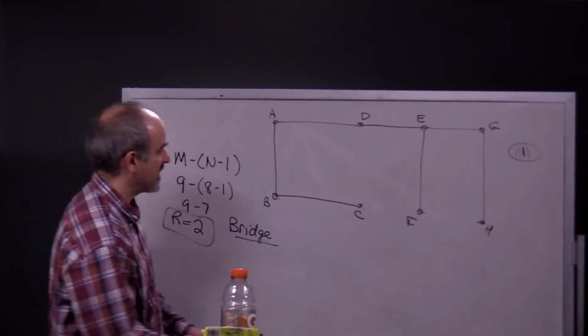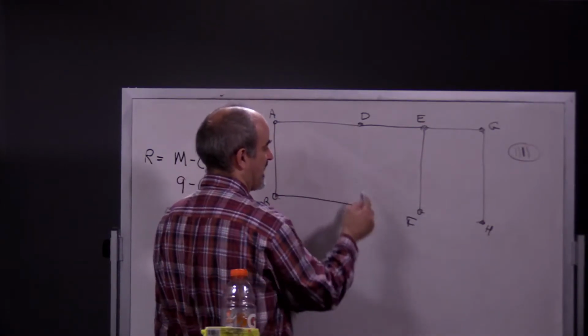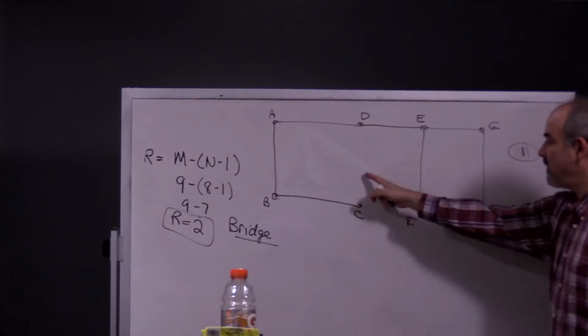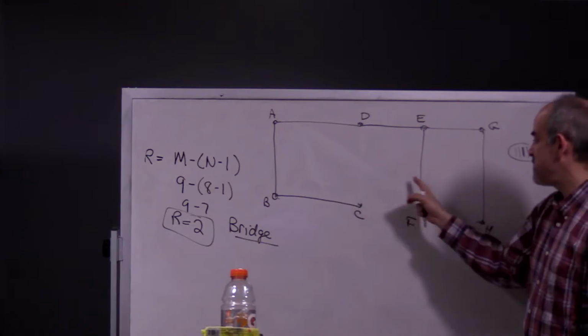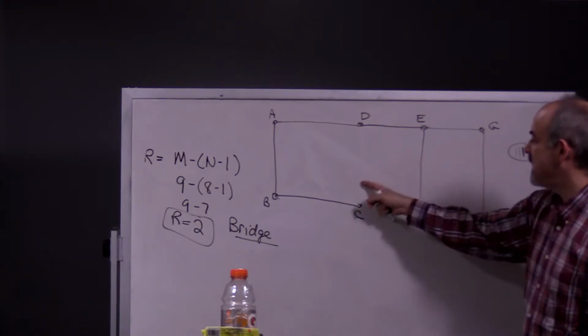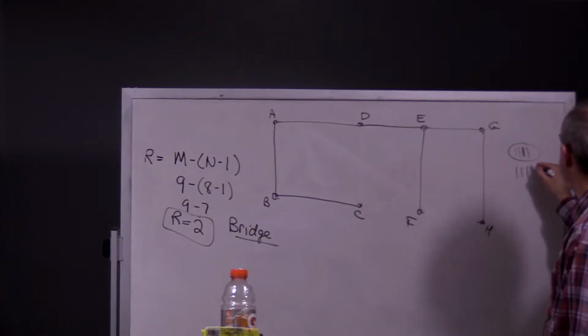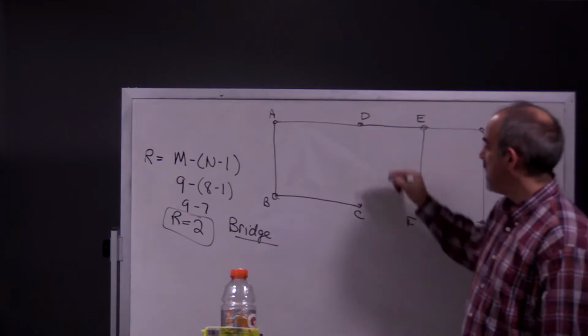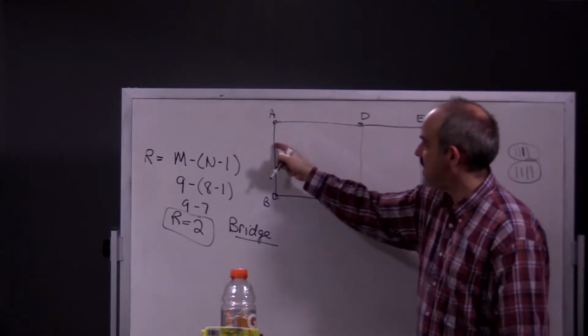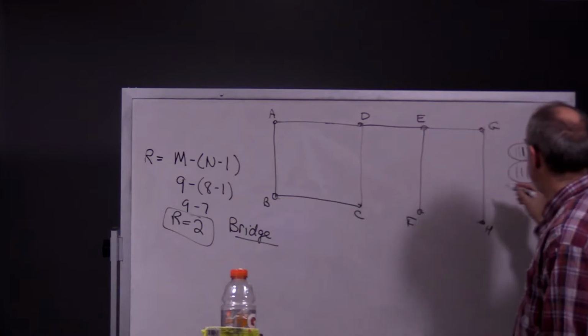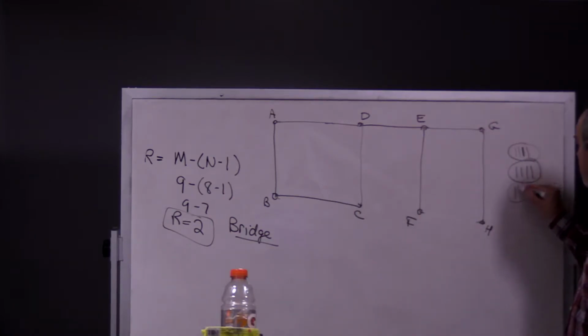Well, the same thing is going to happen with this, getting rid of this edge. You could get rid of that edge and that edge, that edge or that edge, that edge or that edge, that edge or that edge. So there are going to be 4 more. And the same goes for this edge and that edge. There'll be 4 ways to do it each time.